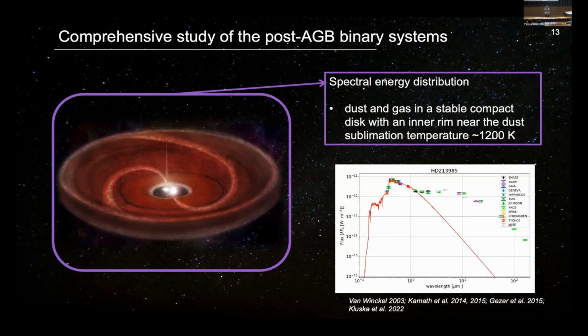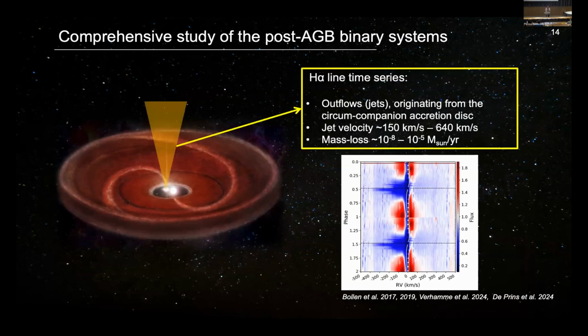As you can see, towards the longer wavelengths, the spectral energy distribution of the post-AGB system differs more and more from the modeled single star SED. Such near-infrared excess is commonly attributed to the presence of a stable circumbinary disk, for young stellar objects for example. We also know that because of the shape and location of this near-infrared excess, the dust inner rim of the disk is supposed to be somewhere near the dust sublimation radius.